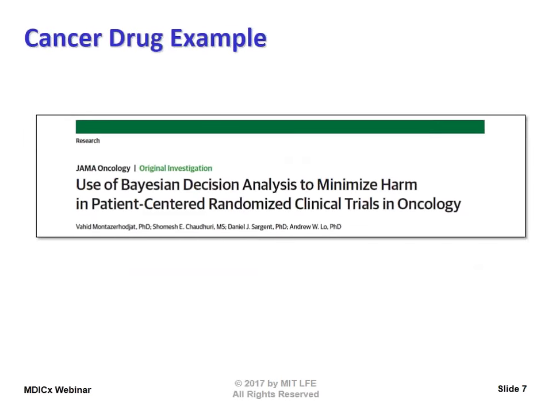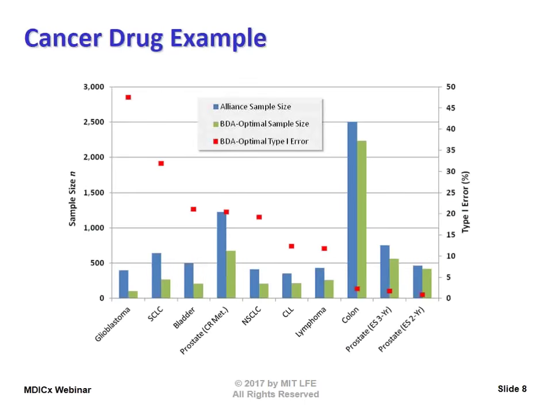Now, we actually take this framework and have applied it using data from actual clinical trials from the Alliance trials in the National Cancer Institute. This was published in JAMA Oncology just earlier this year. And here's an illustration of what we found.